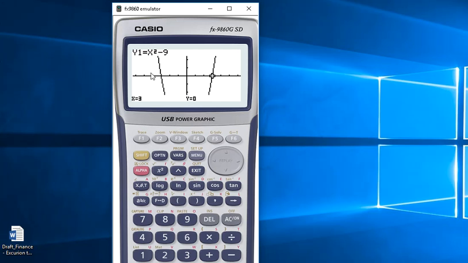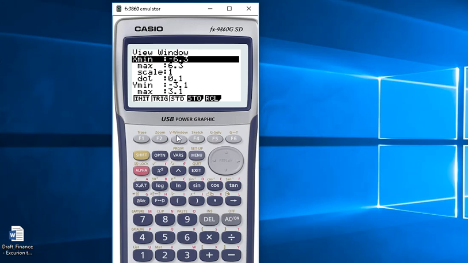So the domain that we need is about -5 to +5. But the range, if I go down with my trace, it's off the screen at -4. So I'm going to try -10. So shift view window, I'm going to set the x minimum. Actually, the x minimum of -6.3, that's fine.